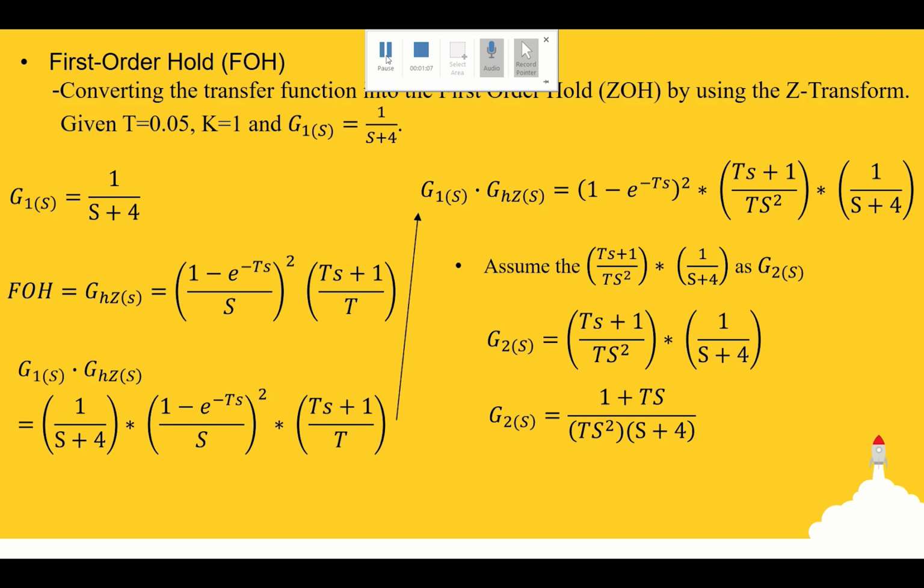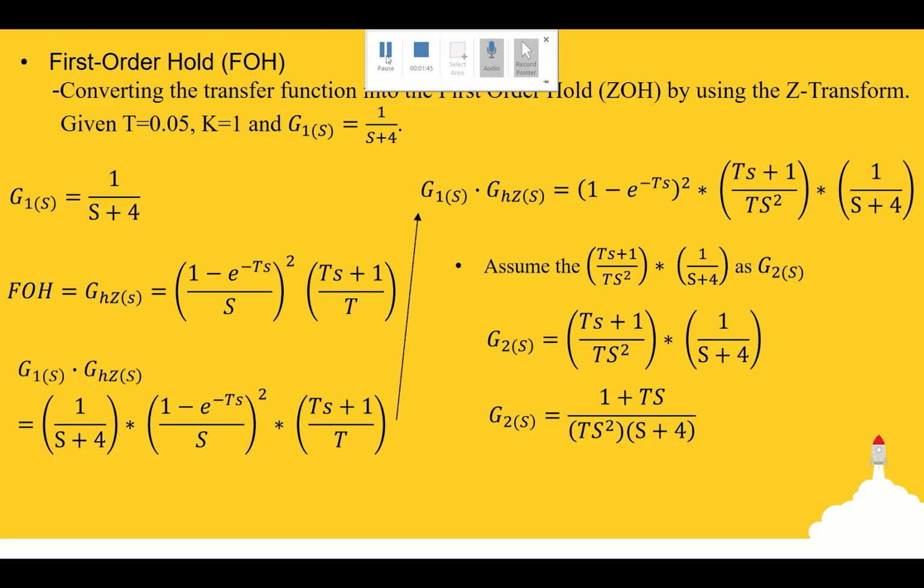So we get 1 minus e to the power of negative Ts squared, times Ts plus 1 over Ts squared, times 1 over S plus 4. And we assume Ts plus 1 over Ts squared times 1 over S plus 4 as G2(S), which is function number 2 in the S domain.